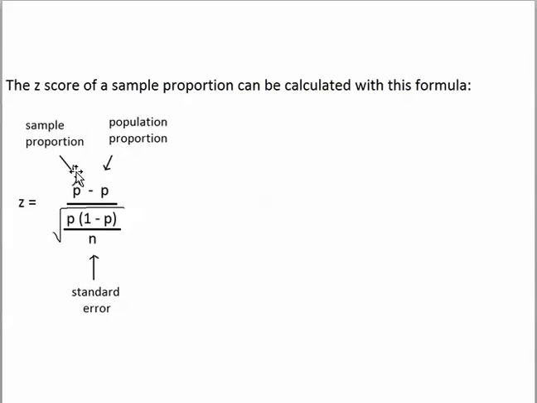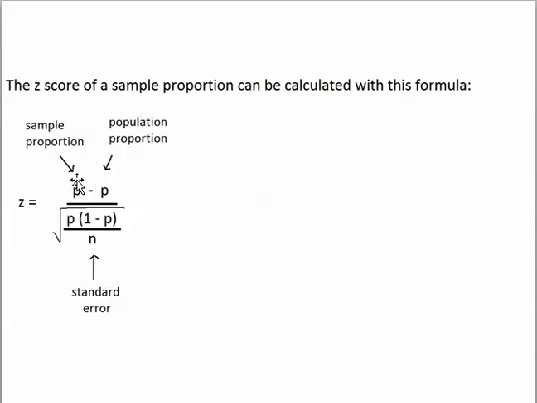The sample proportion is p hat. In an earlier video, I said that a sample proportion is just a sample percentage written as a decimal. So if a sample of people is 45% male, then the sample proportion p hat would be 0.45. The symbol for population proportion is p.